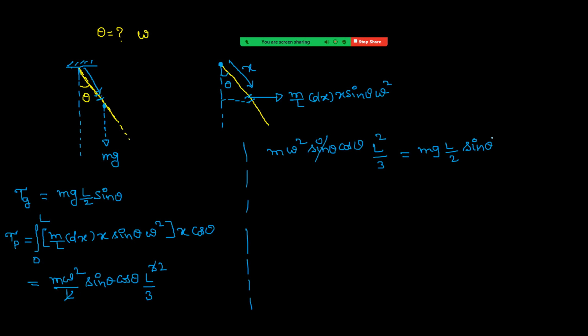So sine gets cancelled, one L gets cancelled, m gets cancelled. So cos theta equals 3g upon 2L omega square. That is our final answer.